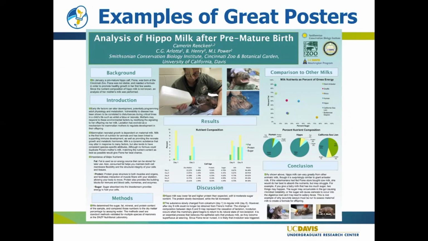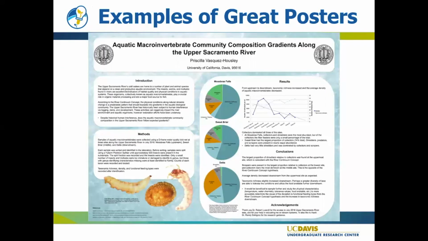Let's look at another example. So for this one, this may be a group of organisms that not many people are familiar with. And so this author has included an image at the bottom left of the poster that shows her research organisms. So that's really helpful for me to take a look here and understand a little better what she is talking about.